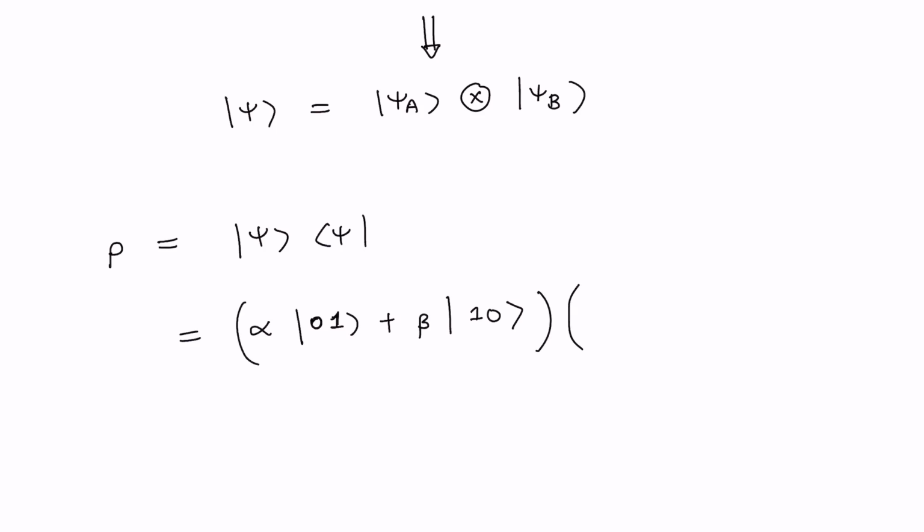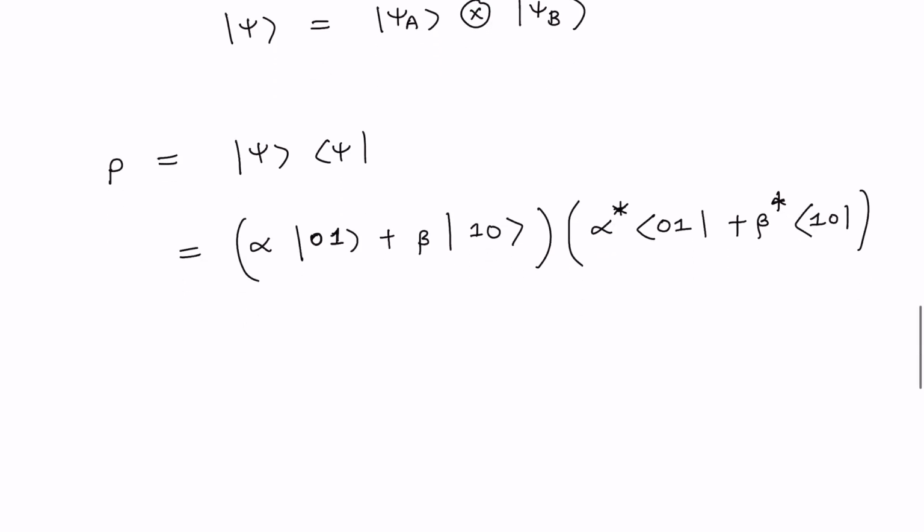And this bra psi is going to be alpha star, because alpha and beta are complex amplitudes, times <01| plus beta star <10|.